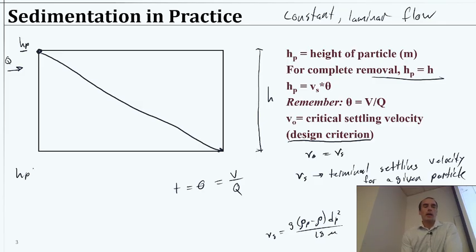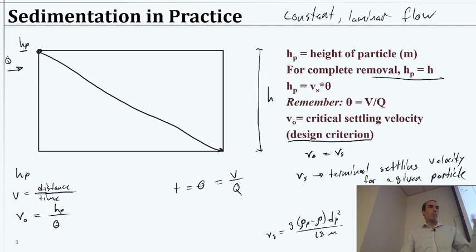And we're just going to go back to the very basics of physics, right? Velocity equals distance over time. And so that means that we could say that our V naught, our design, should be hp divided by our theta. How long does the water stay in that reactor is the time that we have to let it settle.